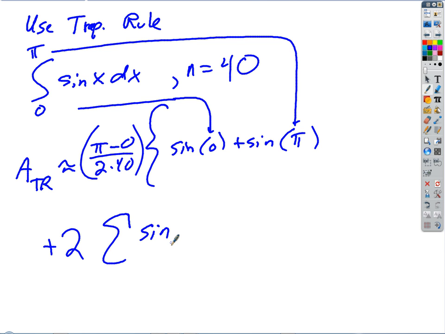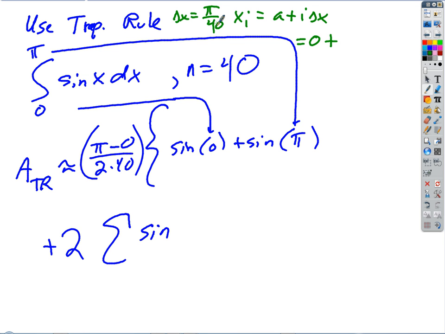So let's figure out what that is. x sub i equals a plus i delta x. So for us, that's going to be 0 plus i times delta x. Isn't delta x just pi minus 0 over 4, over 40, whoops, not 4, 40?